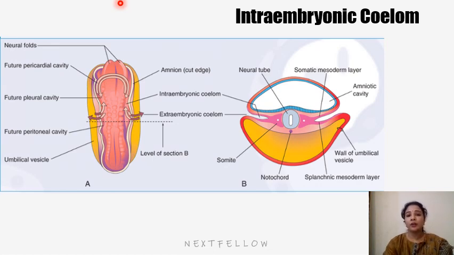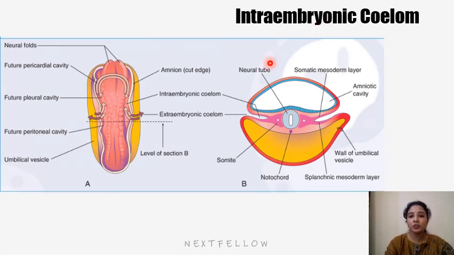The coelom is divided into pleural cavity, pericardial cavity, and peritoneal cavities. The pleural cavity envelops the thorax, the pericardial cavity envelops the heart, and the peritoneal cavity envelops the abdomen.